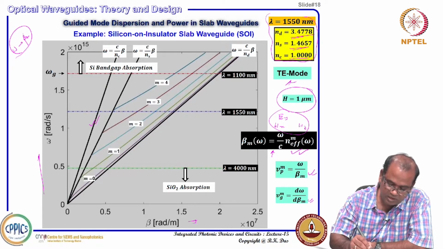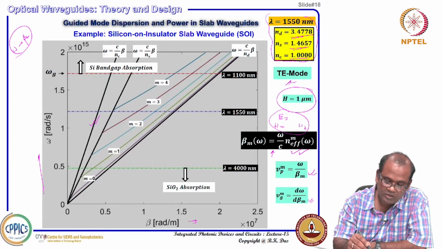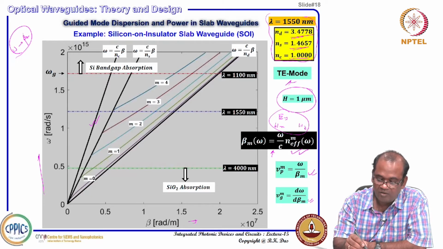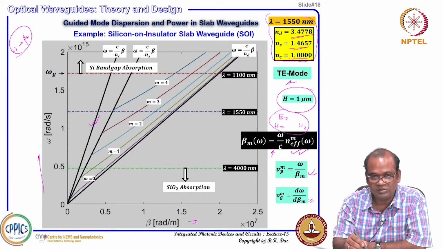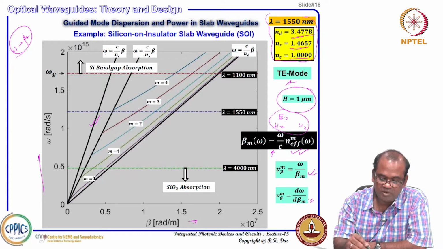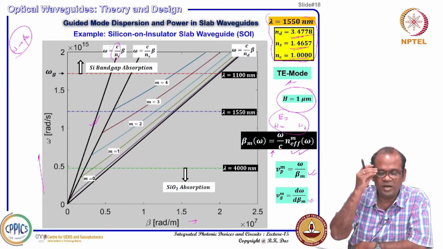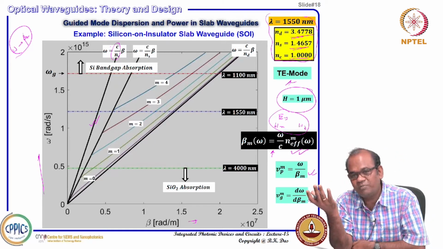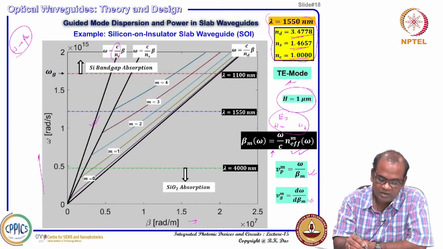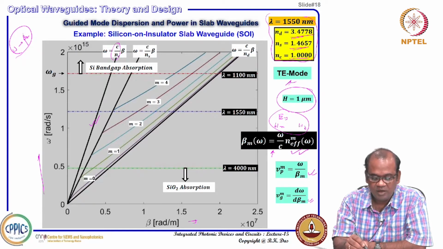This straight line corresponds to omega equal to c by nc beta. Beta is the propagation constant, if it is a homogeneous medium with a cladding refractive index NC, and there is no material dispersion. In that case the omega beta relationship is a straight line, slope will be c by nc. C is the velocity of light, c by nc is the phase velocity of that particular medium. If it is cladding material only, air, nc equal to 1.